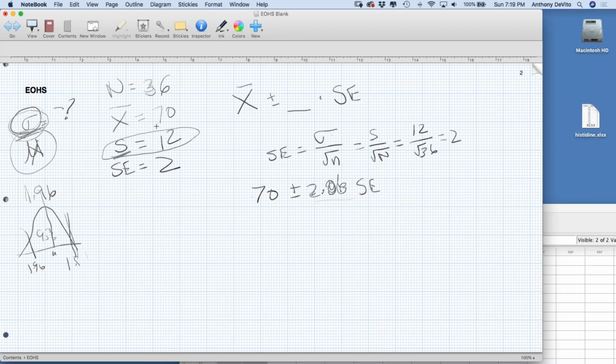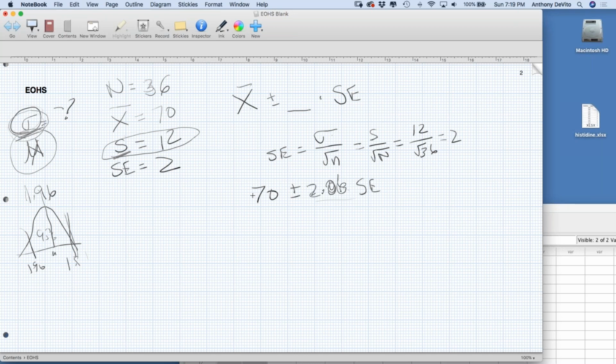So this introduces a level of uncertainty. We make up for that level of uncertainty by using a bigger value than 1.96. How does a bigger value affect us? Well, 2.06 is bigger than 1.96, so when we multiply by the standard error and add and subtract it from 70, we're going to get a wider range.